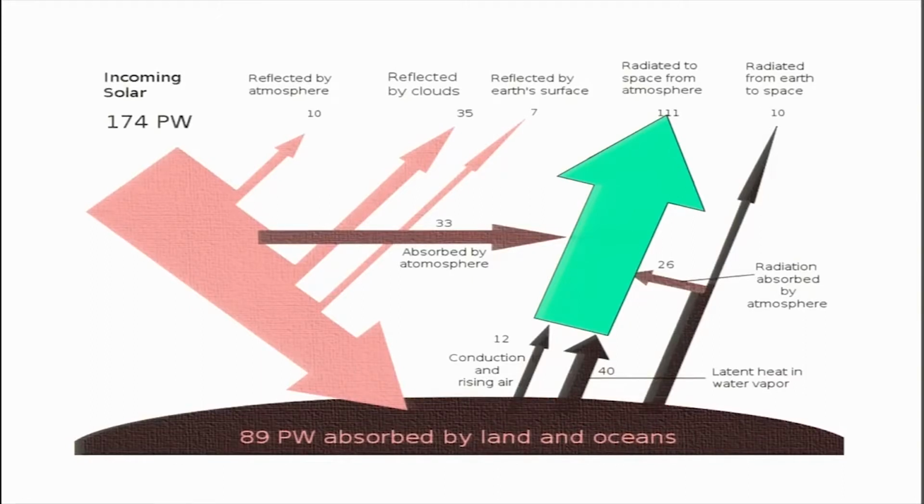Out of 36, 26 goes as radiation which is absorbed by the atmosphere, and 10 goes as radiation from the Earth to space. So if you count these 33, 12, 40 and 26, this is basically 111 petawatts, which is radiated to space from the atmosphere. So basically this is the mathematics of the whole energy that comes in and goes out.